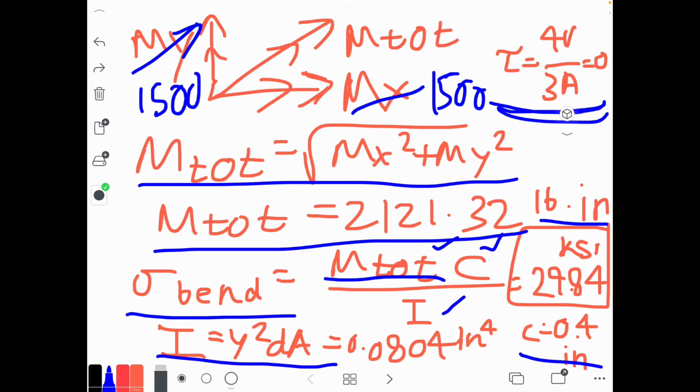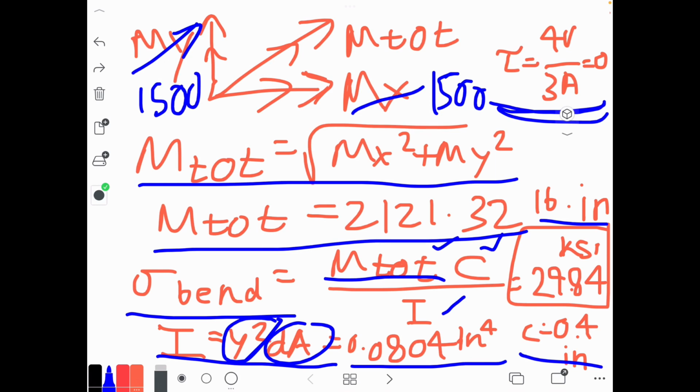So we're going to calculate our area as well. Once we have our area and the centroid, we get 0.0804 inches to the 4. Now we know our centroid and our moment of inertia.